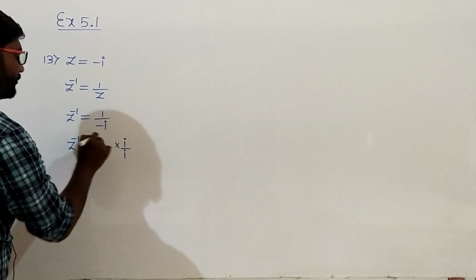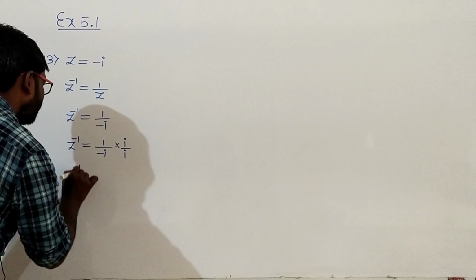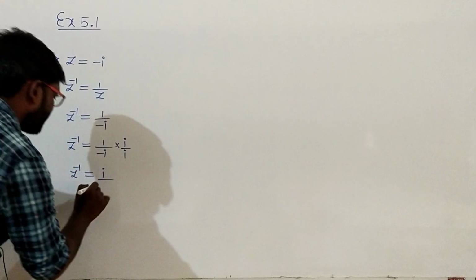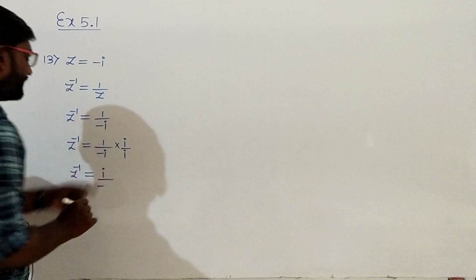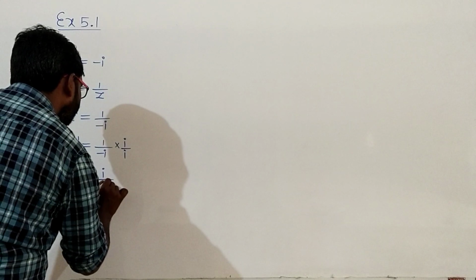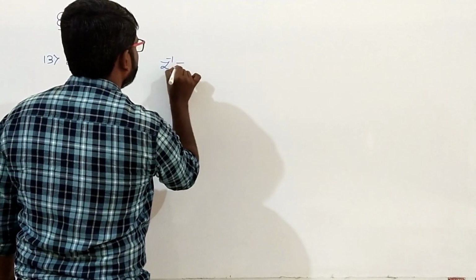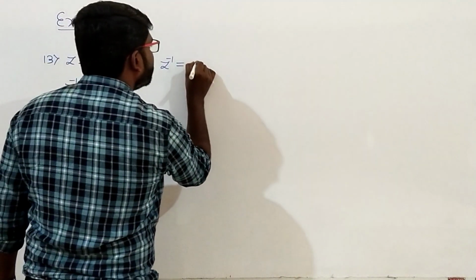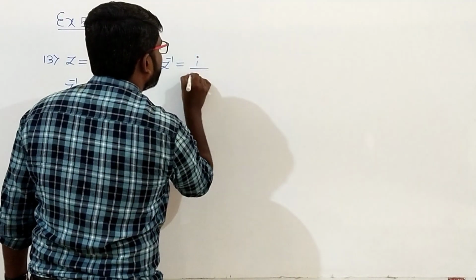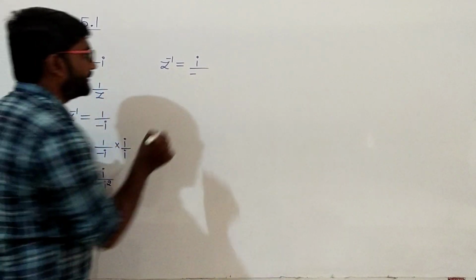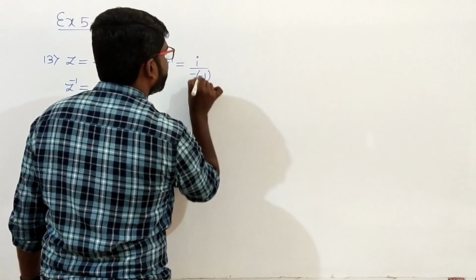Then i into 1 it is i, z inverse is equal to i divided by minus, then i into i will be i square. Then z inverse is equal to i in the numerator as it is, divided by minus, i square is minus 1.